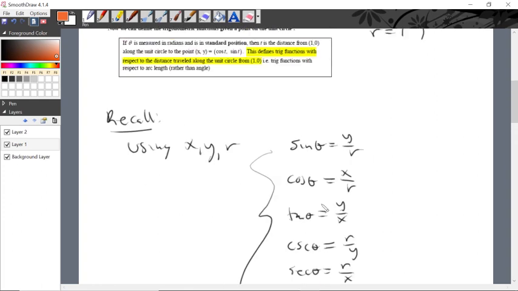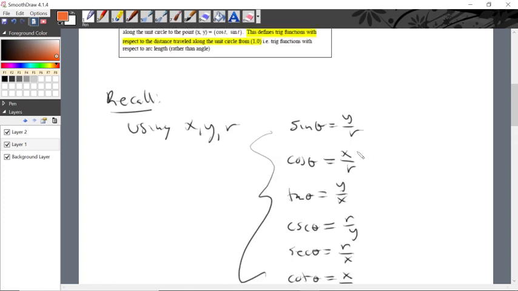So if we go back to these definitions that we already have created previously, which work for any value of r, if we make the following changes, if we are in the unit circle, that is if r is equal to 1, then theta, the angle, is equal to t, the arc length in the unit circle.